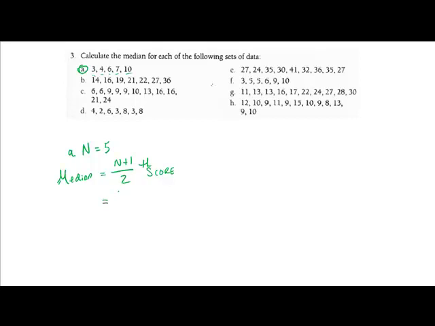N is 5. Five plus 1 divided by 2. 5 plus 1 is 6 divided by 2. I'm looking for the third score.